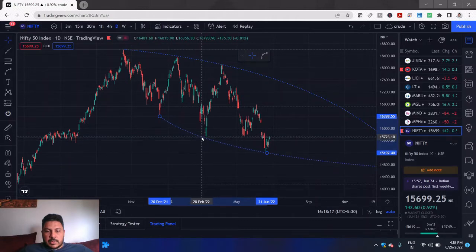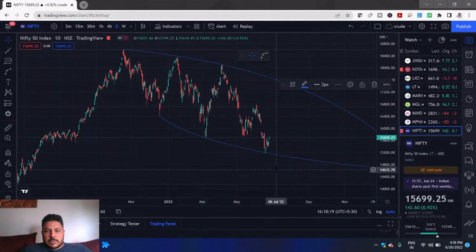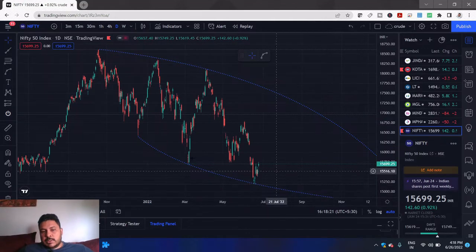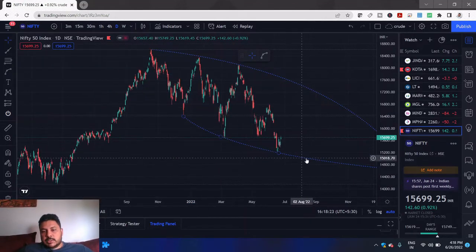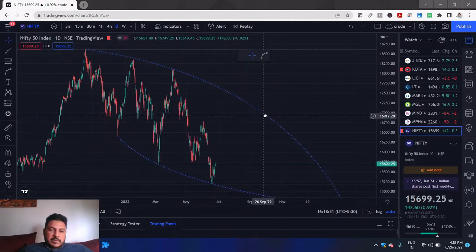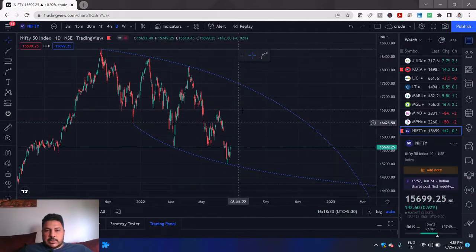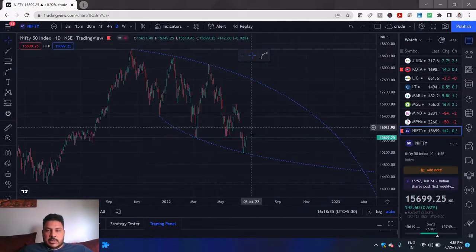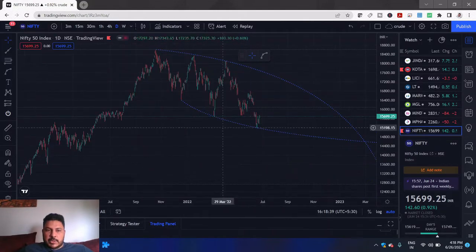So these are our 3 touching points, and this is also a trend line. Now you can see this is one support level and this is one resistance level for us on the daily time frame. The market can stay in this range, and a breakout on either side will be a big movement.